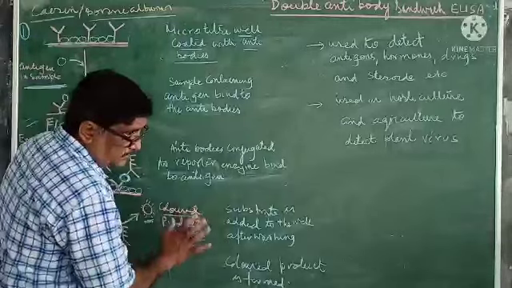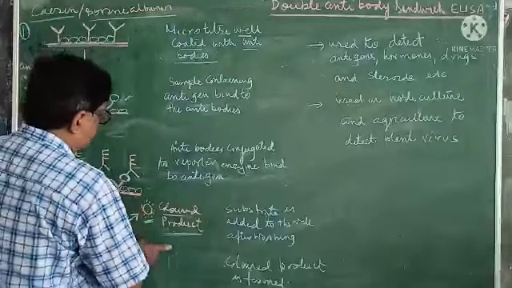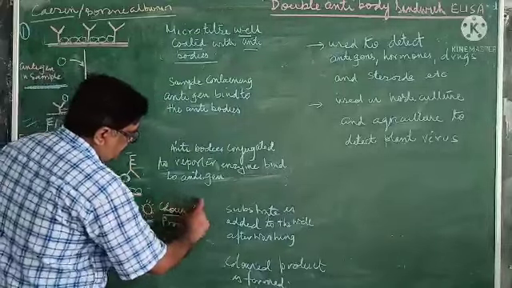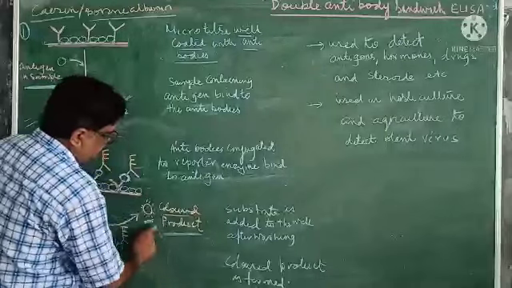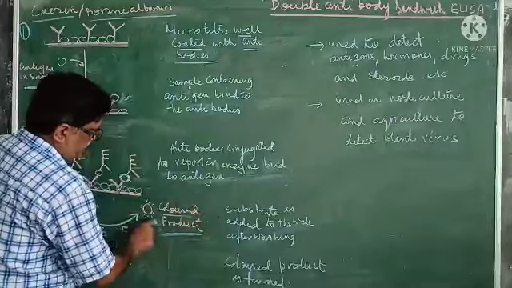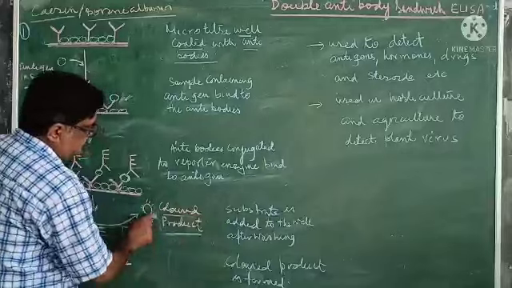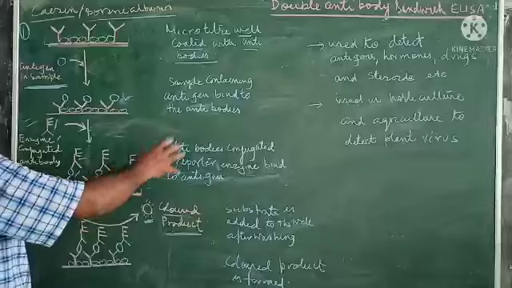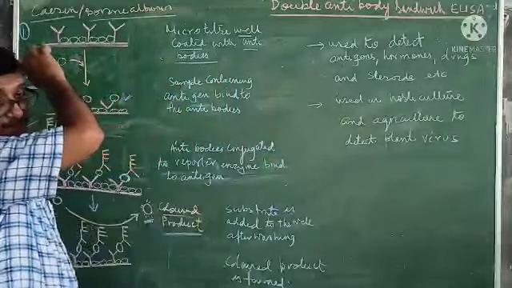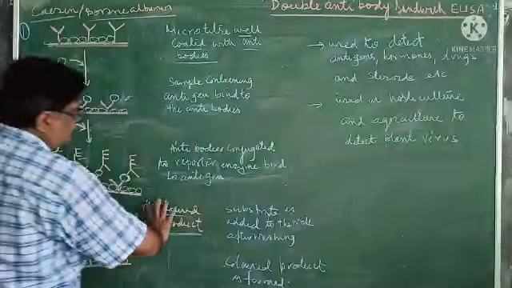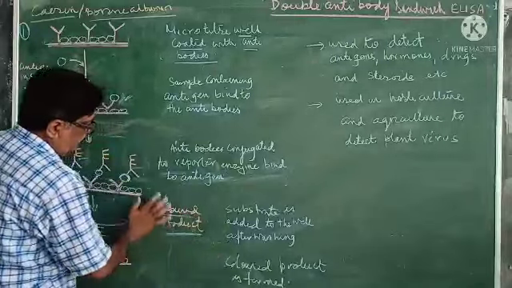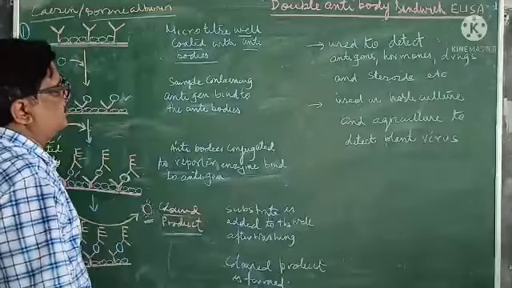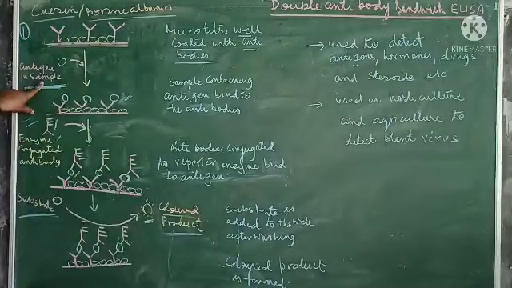This is the qualitative analysis. For quantitative analysis, the intensity of the color produced in the product is estimated using an electrophotometer, and with the help of a standard graph, we have discussed the preparation of a standard graph, we can estimate the amount of antigen, drugs, hormones or any virus present in the sample.